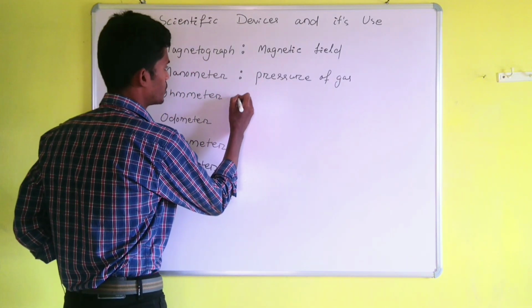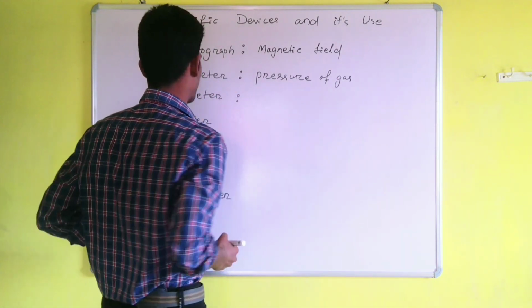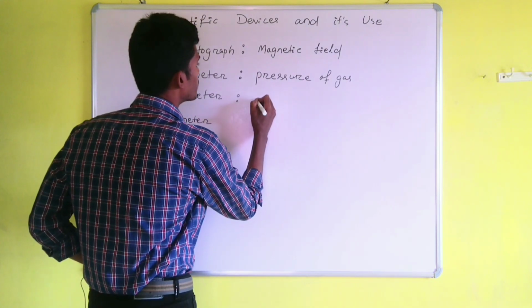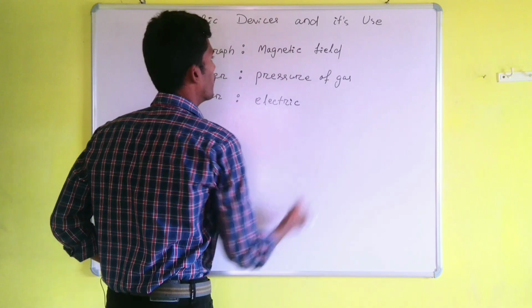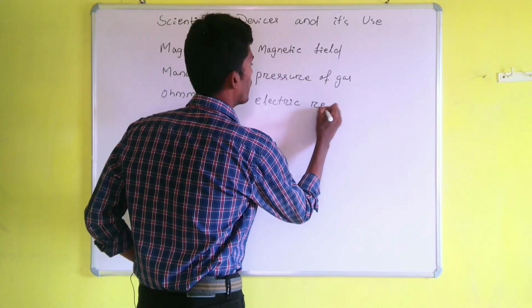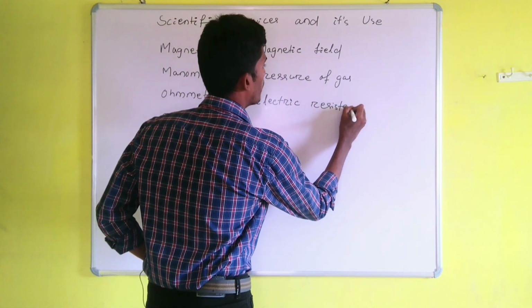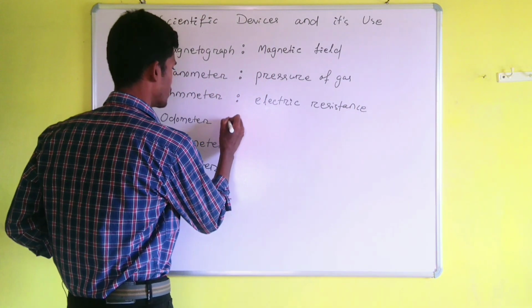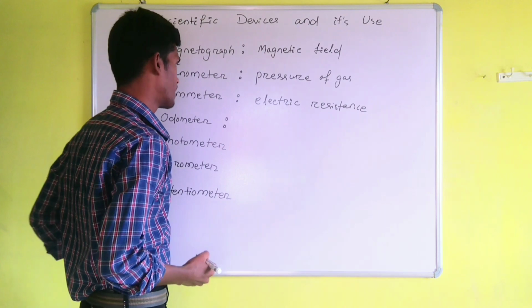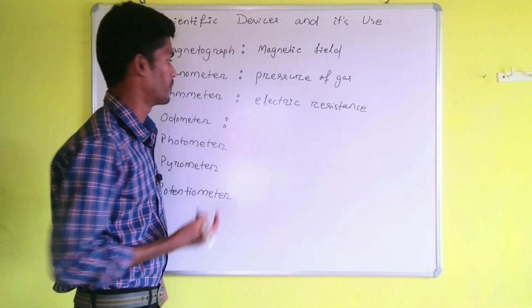Ohmmeter is used to measure electric resistance. Odometer is used to measure the distance traveled by a vehicle.